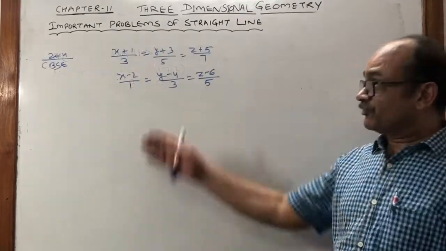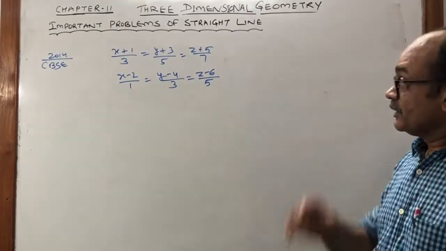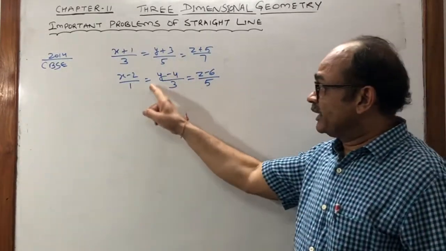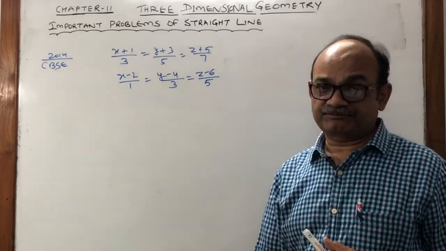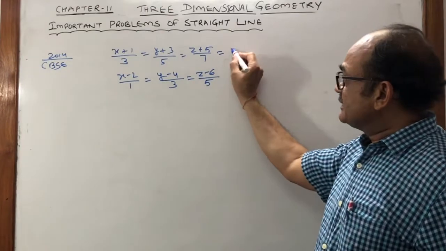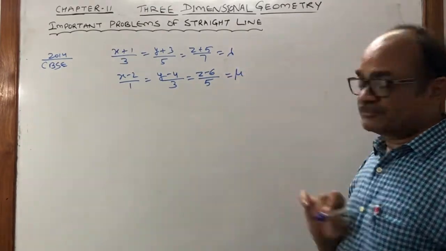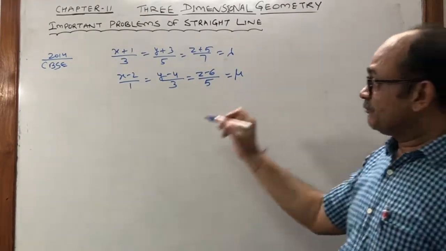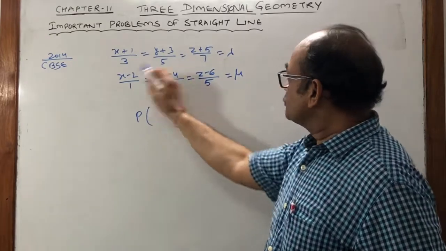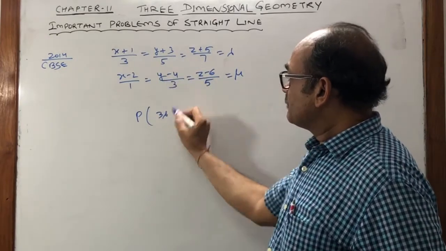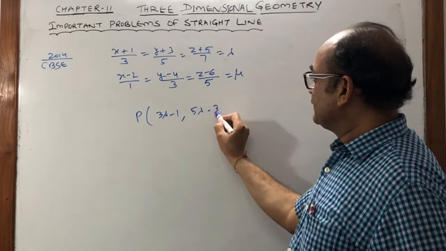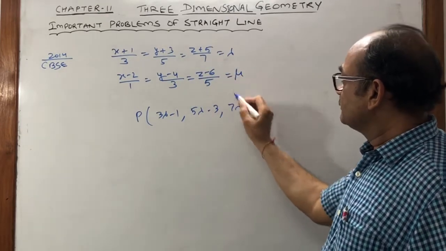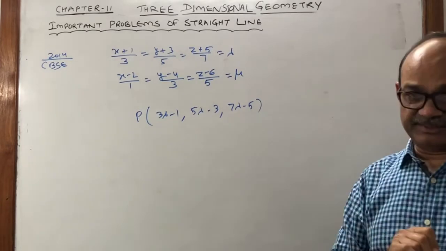Yes, now one question from board 2014. You have to prove that these 2 lines intersect and then find the point of intersection. So suppose this line is equal to lambda and this one is mu. Then the general point P = (3 lambda - 1, 5 lambda - 3, 7 lambda - 5).